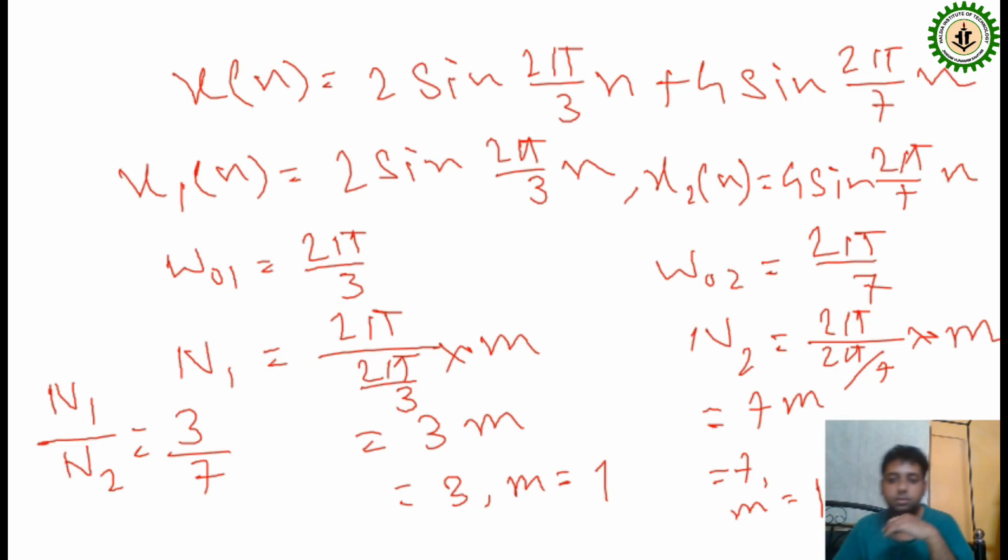So the signal is periodic. Now if we need to find the fundamental period of the overall signal, the formula I have already told: N is equal to LCM of the numerators of N1, N2 divided by HCF of the denominators of N1, N2.